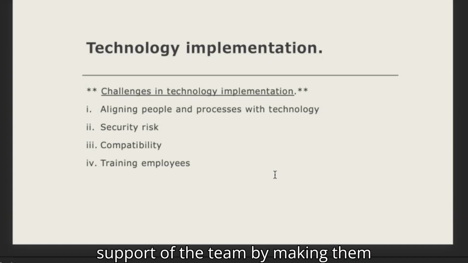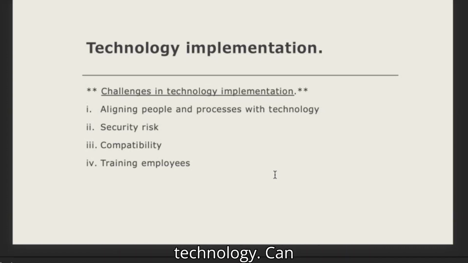Gaining the support of the team by making them understand the benefits of the technology can bring the workforce for a very crucial win. We need to win the support of the workforce in implementing the technology. And there is a security risk.